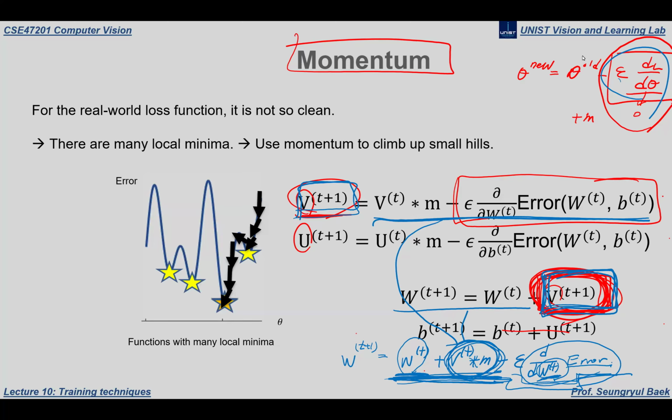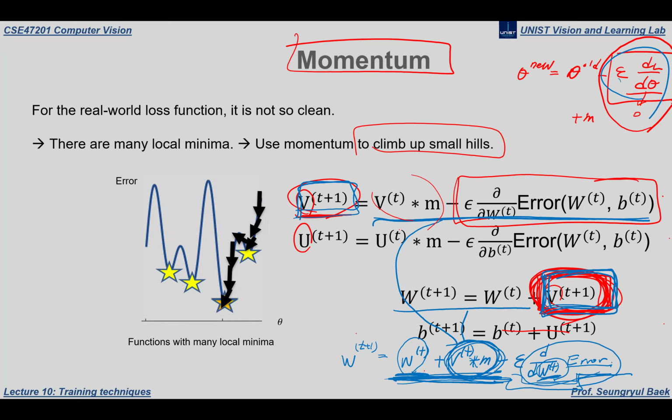So last time we learned about several optimizers, the more advanced optimizers compared to SGD. SGD with momentum can climb up small hills by having this term of some previous gradient.